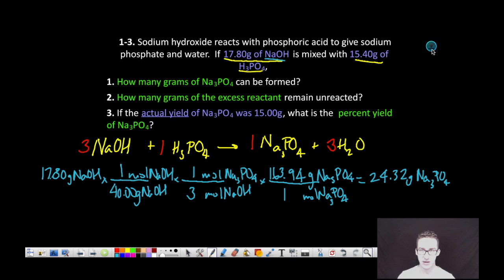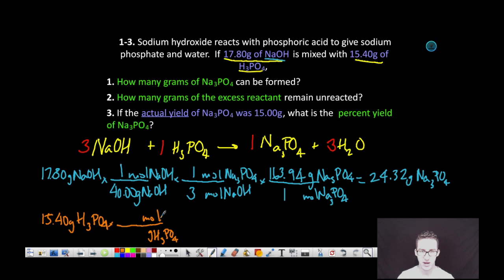But what I'm going to do here is I'm going to do the exact same calculation, but this time with the phosphoric acid amount. So I've got 15.40 grams of my phosphoric acid, and I'm going to run it through just like I did with the sodium hydroxide to see how much sodium phosphate I could make.